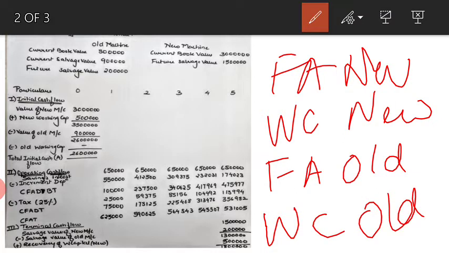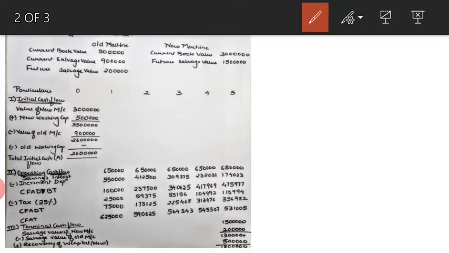And always remember, when we are talking about a replacement project, it is always new minus old. We have to consider only the incremental cash flows, that is new minus old. Okay, so let's go ahead.